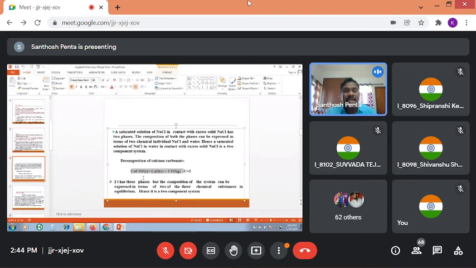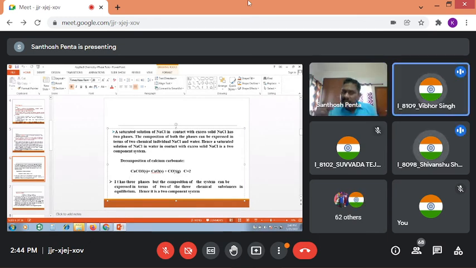So according to Willard Gibbs, how many components are there here? Two. How? See here, let us assume calcium carbonate minus CaO. Then what is the third chemical constituent? I am asking one question. Calcium carbonate minus calcium oxide gives rise to?